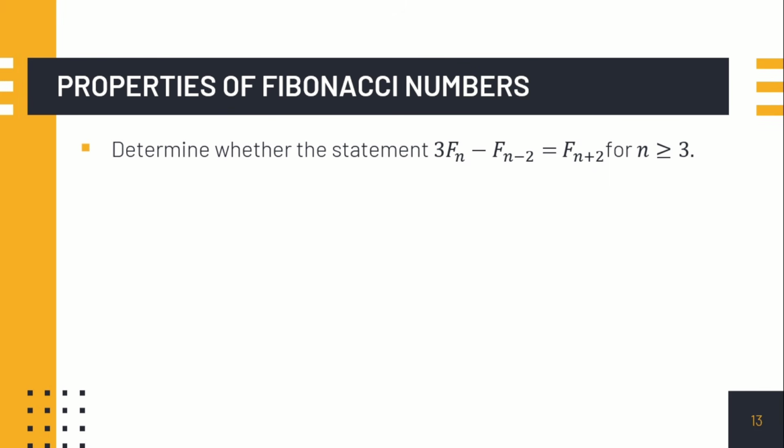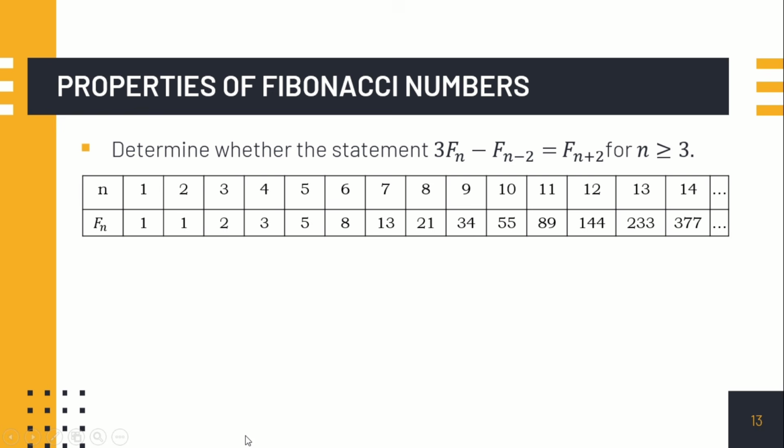properties of Fibonacci numbers. So, first, determine whether the statement 3 times f sub n minus f sub n minus 2 is equal to f sub n plus 2 for n is greater than or equal to 3. So, dapat kapag yung n mo ay greater than or equal to 3, so dapat kapag sinubstitute natin dito any number greater than or equal to 3, dapat ito yung lalabas.